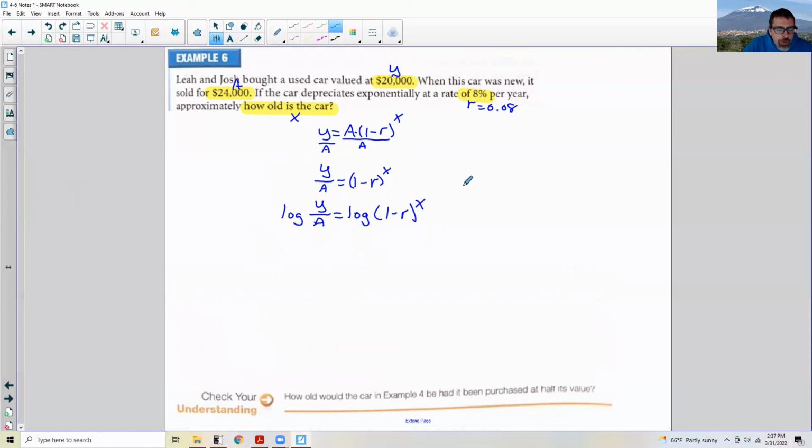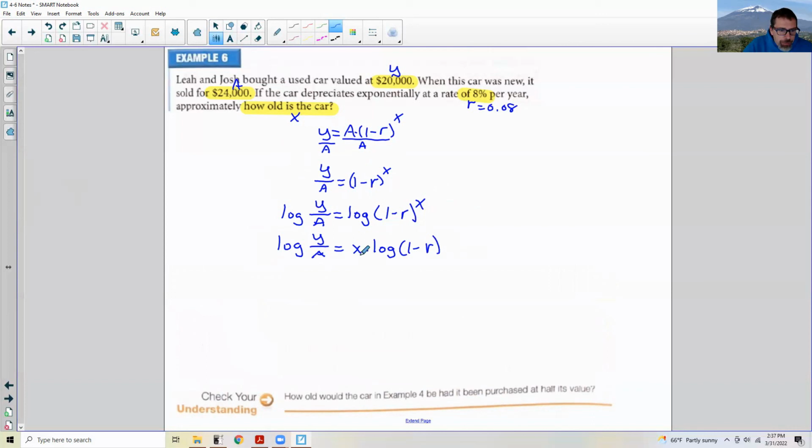And then we're going to apply the power rule, which means bring the exponent out in front and it becomes a coefficient. So now it's the log of Y over A equals X times the log of 1 minus R. Okay, so we're getting closer. I'm trying to get X by itself.